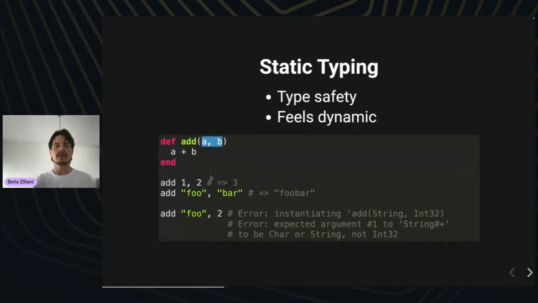As long as what you are passing makes sense for the plus operator, this will be fine. And this gives Crystal this dynamic feeling that you get from Ruby or Python, that you don't have to be super explicit about what the types are, what the interface is, do they have the plus operator, all this bureaucracy that you usually need to do in other languages.